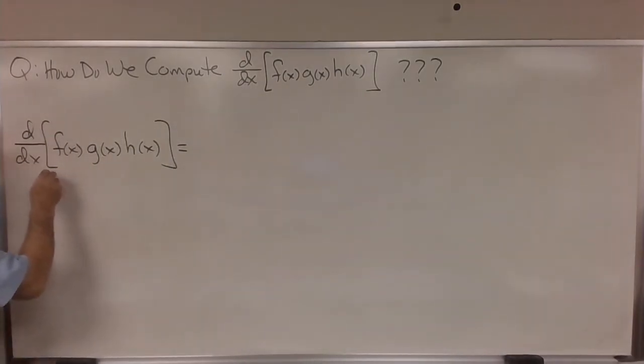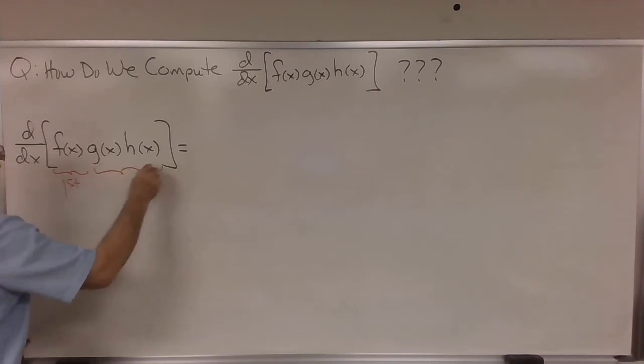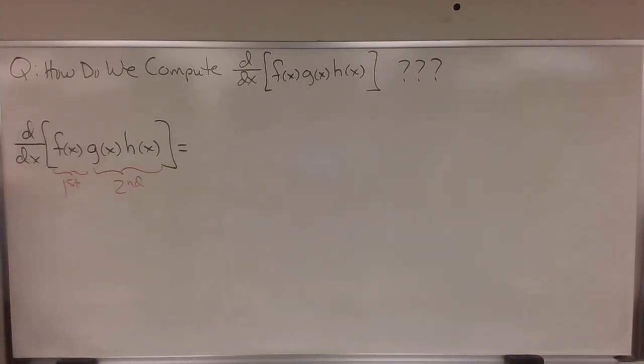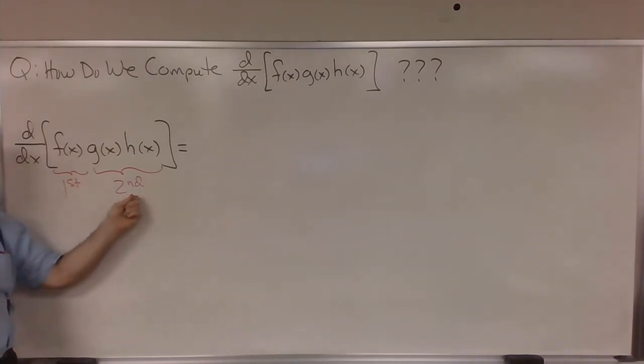I guess what we'll do is we'll call this the first function. And g of x times h of x, we'll call that the second function. If we look at it that way, then maybe we can do it. So we're looking at this now as the product of two functions.